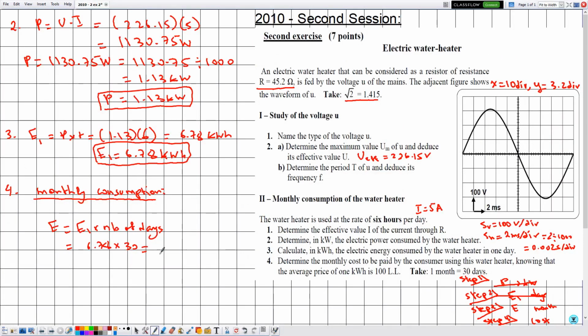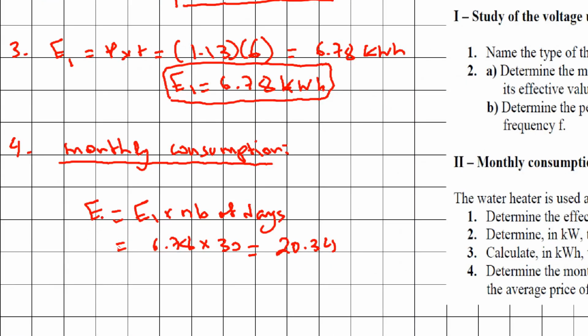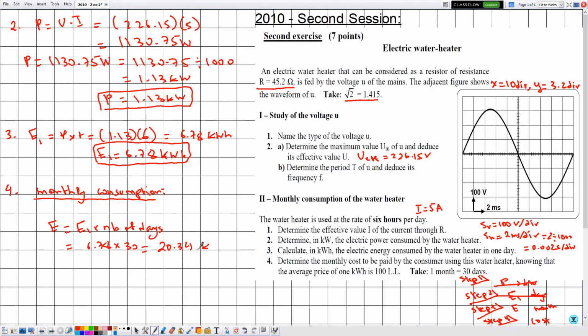Plugging this on the calculator, it will give me 203.4. Since E1 is in kilowatt hours, then E will be in kilowatt hours.